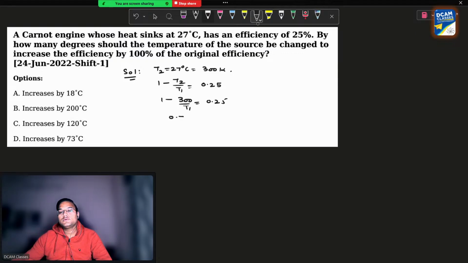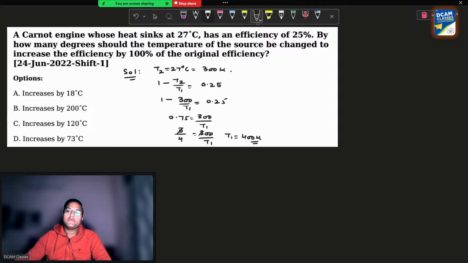So it will become 0.75 is equal to 300 by T1, 3 by 4 is equal to 300 by T1, and I'll get T1 is equal to 400 Kelvin.